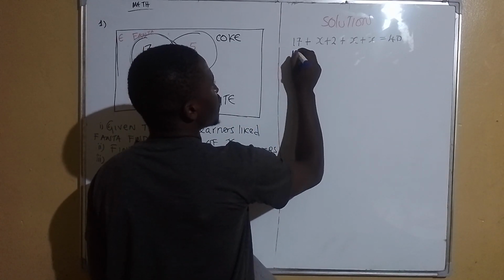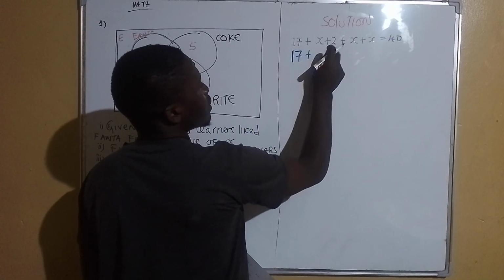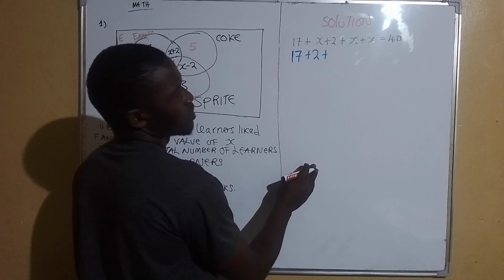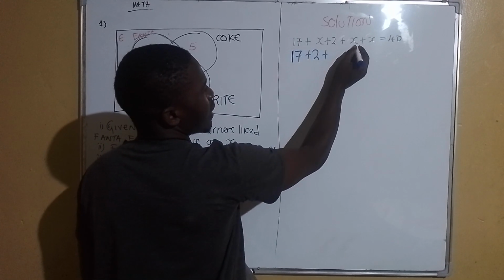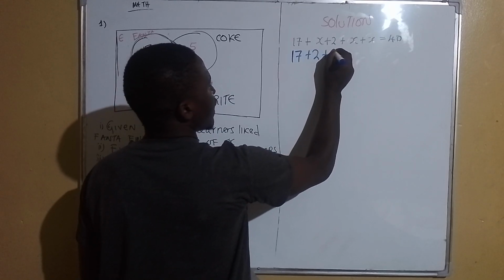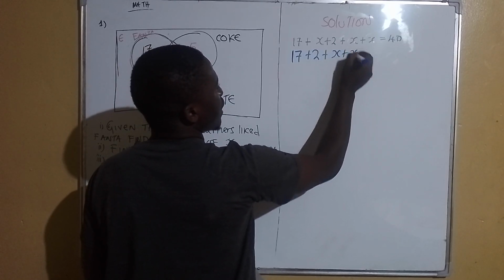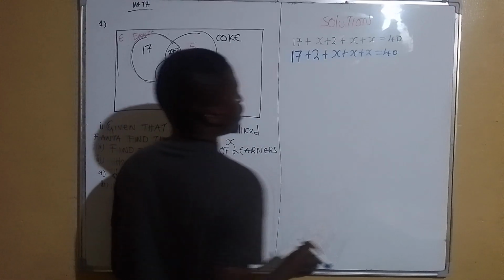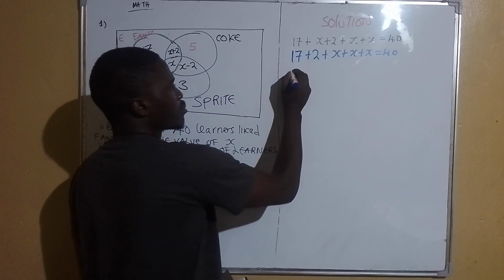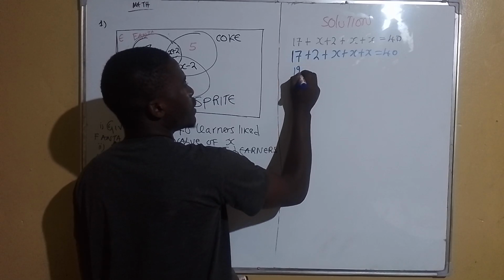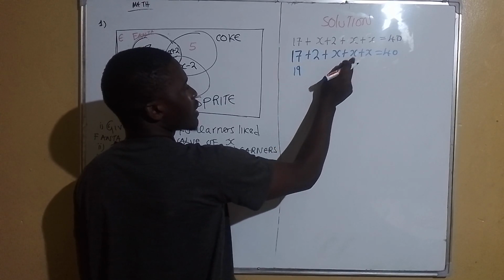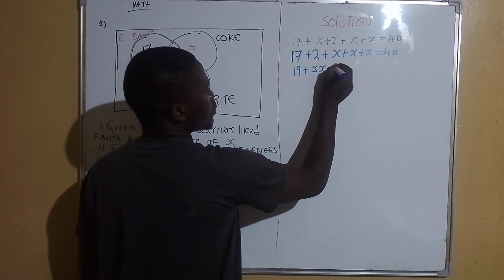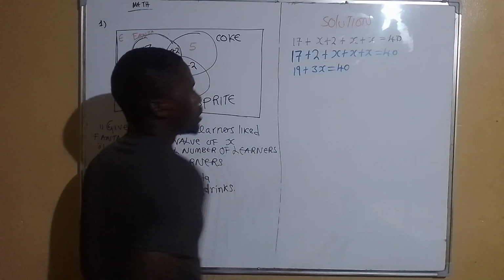So we are going to have 17 plus 2 plus X and X and X, they are like terms. So X plus X plus X is equal to 40. Add 17 plus 2, you are going to have 19. X plus X plus X, you are going to have 3X, which is equal to 40.